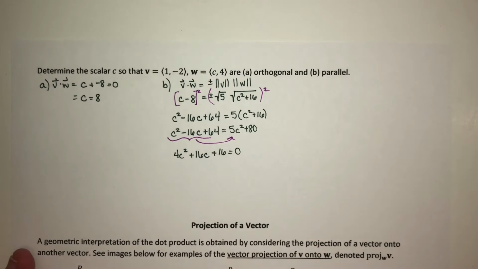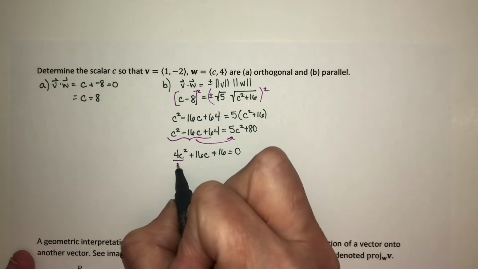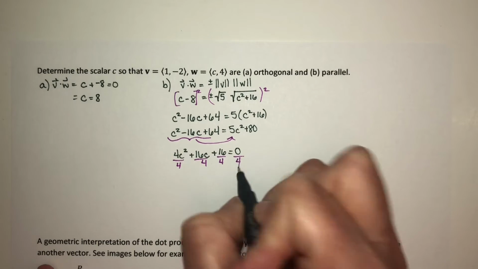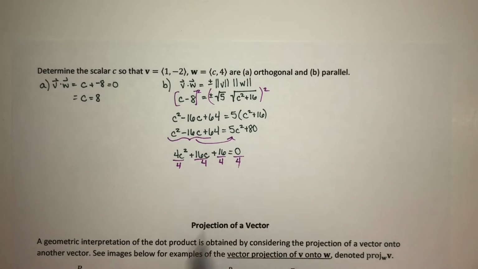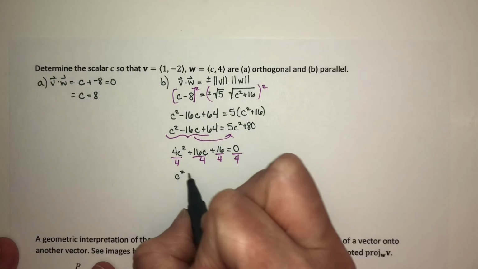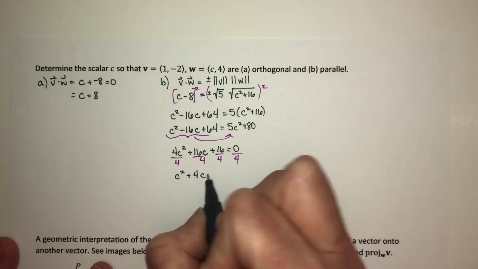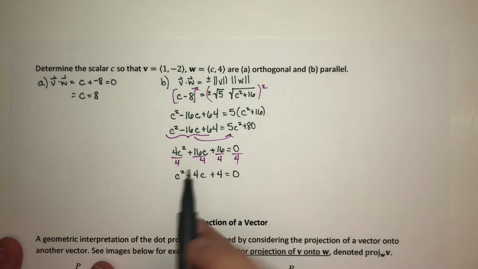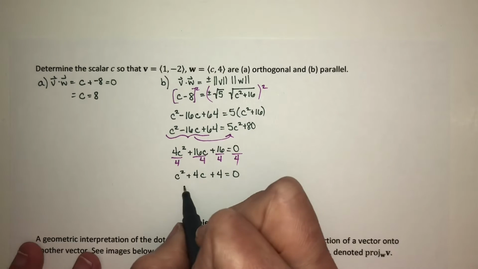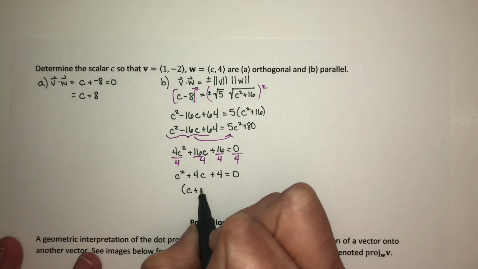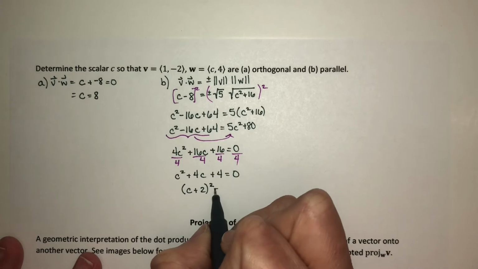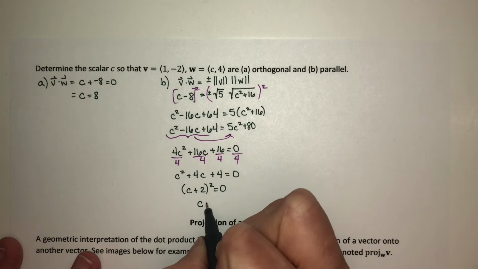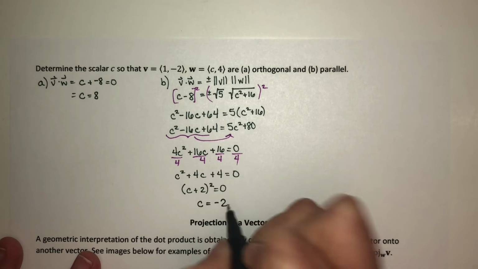Now I can try to factor this, or you may recognize that everything here is divisible by 4. And why not make your numbers smaller and nicer if you can? This gives me c squared plus 4c plus 4 equals 0. This is a perfect square trinomial, and it factors as c plus 2 squared equals 0. That means our c value must equal -2.